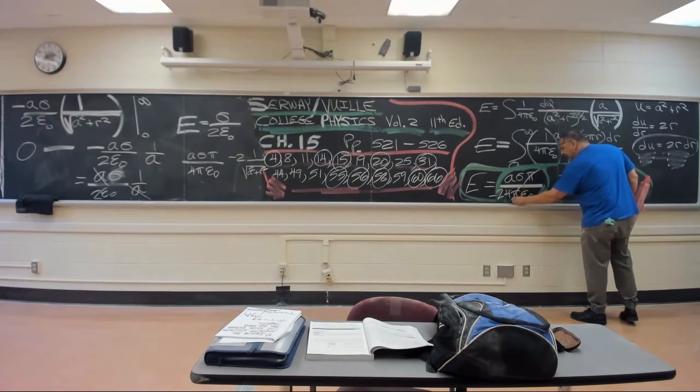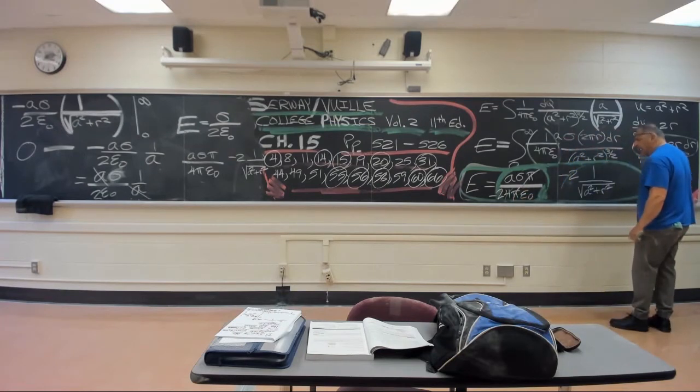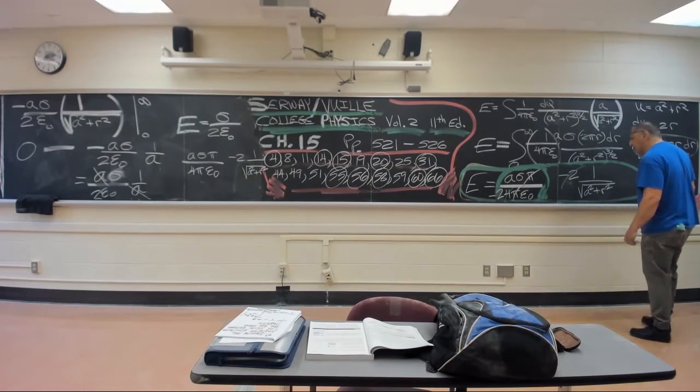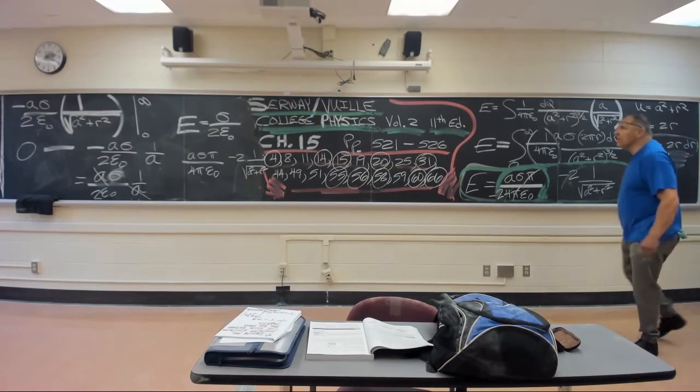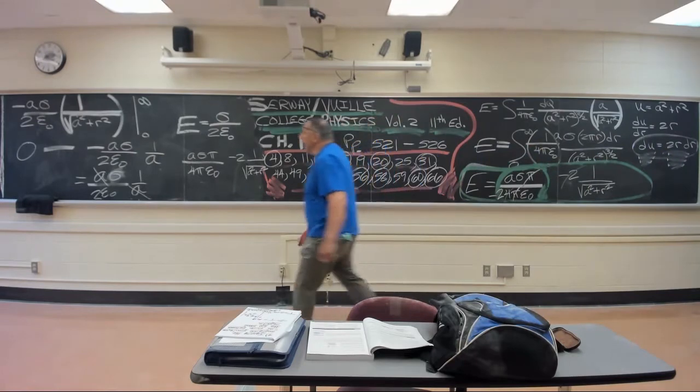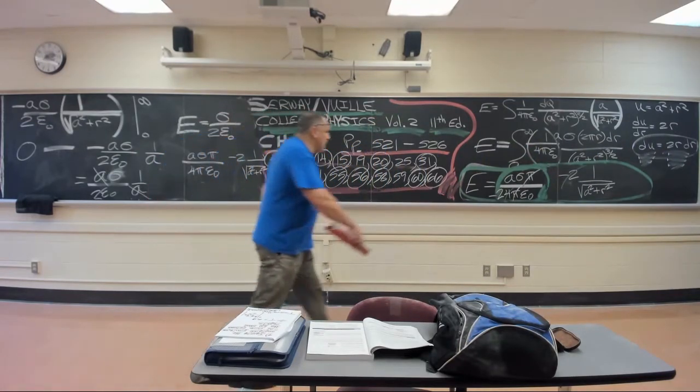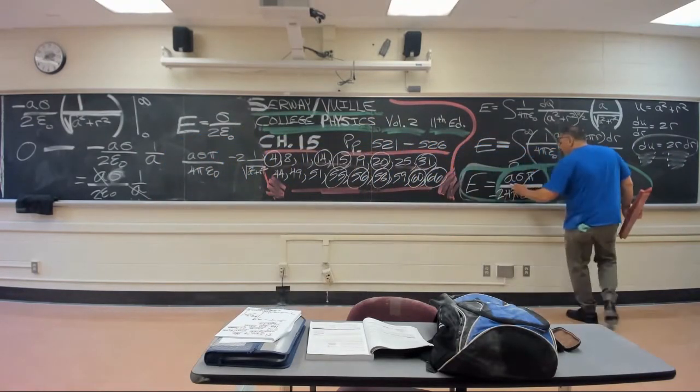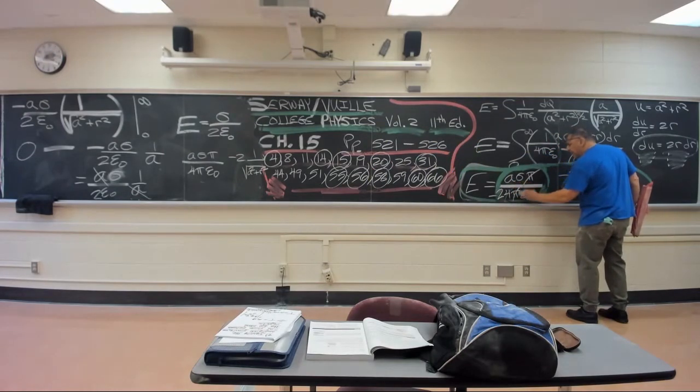The pi's cancel, and you got a sigma over -2 epsilon naught.